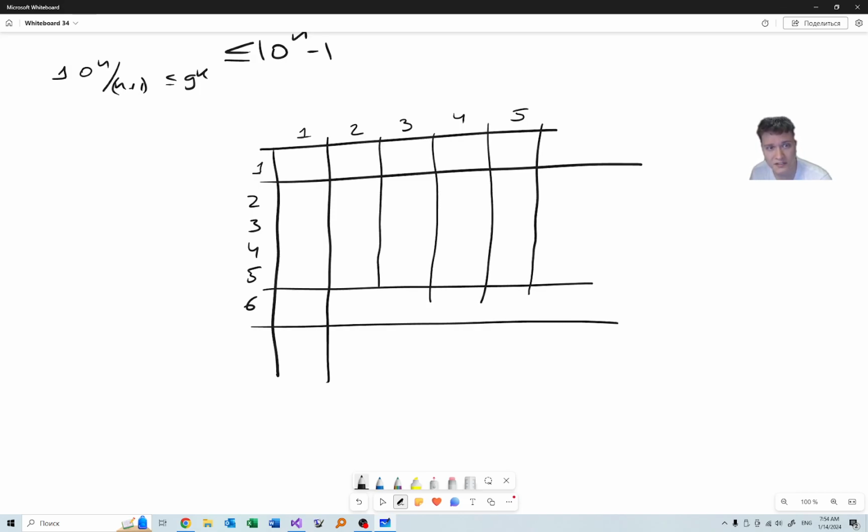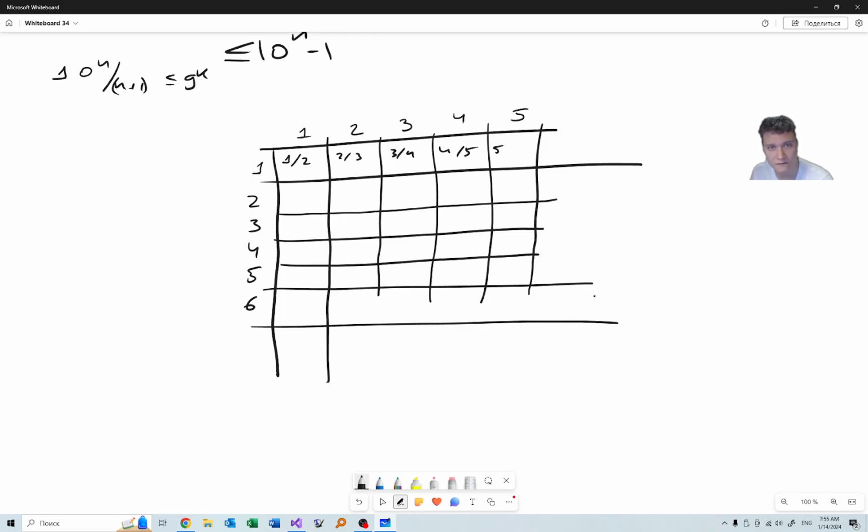So let's see how many digits are there in the product. So actually, if you multiply two numbers, the number of digits is either the sum of the numbers of digits or the sum minus 1. So it can be 1 or 2, 2 or 3, 3 or 4, 4 or 5, 5 or 6, 2 or 3, 3 or 4, 4 or 5, 5 or 6, 6 or 7, 3 or 4, 4 or 5.